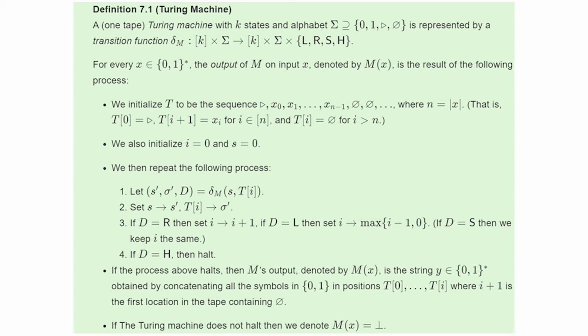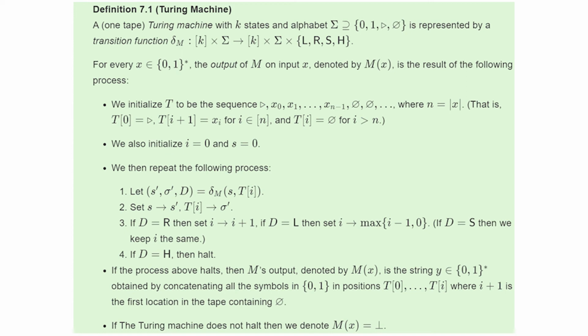So this is basically saying if we're already at the beginning of the tape, we're just going to stay put if we have a left. So we can't go to a negative index in the tape. And then if the direction equals S, then we're not going to change I. We're going to keep I the same value. And then if D is equal to H, we're going to halt.